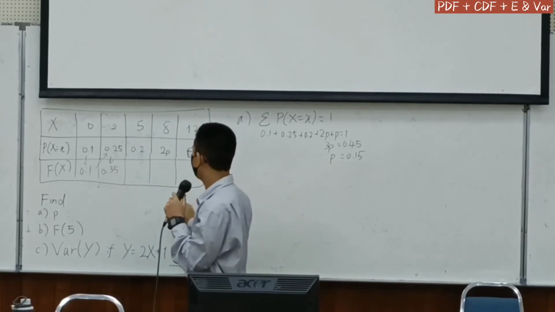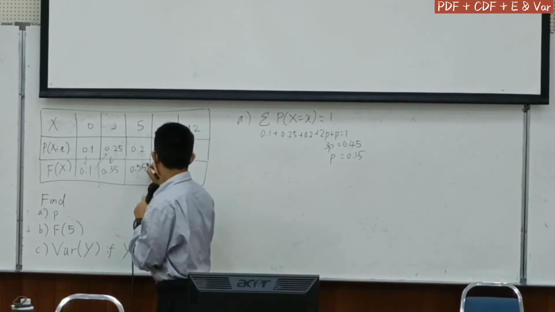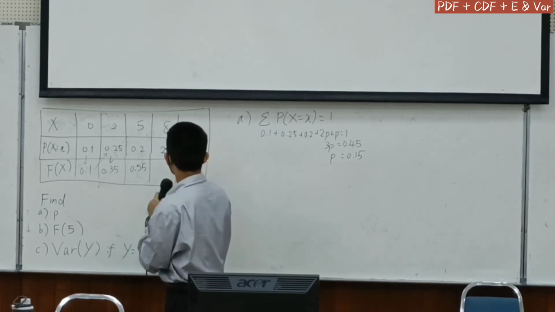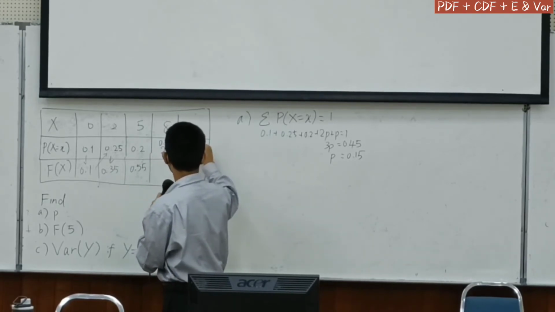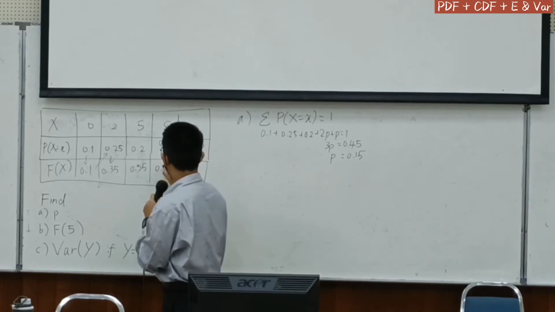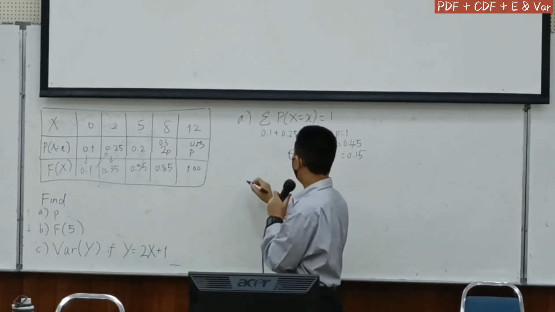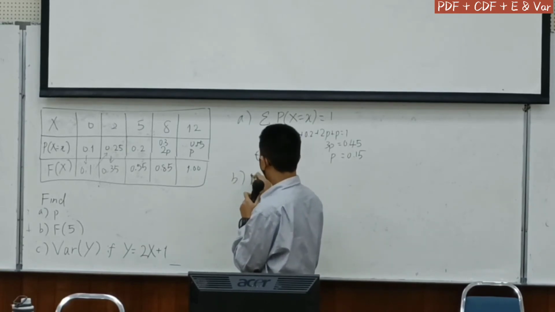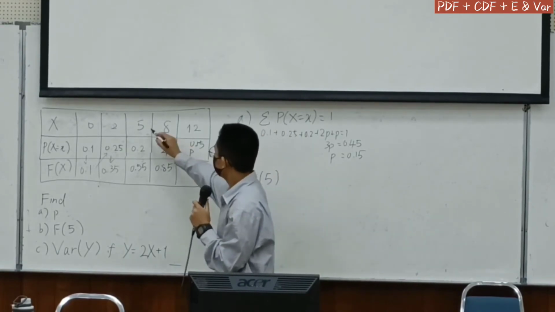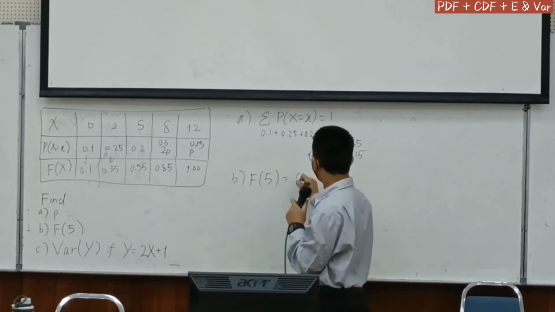After this, do the same thing, so 0.55, and the p is 0.15. So we write 0.3 and 0.15, and this is 0.85 and 1. So to find F(5), we get 0.55.